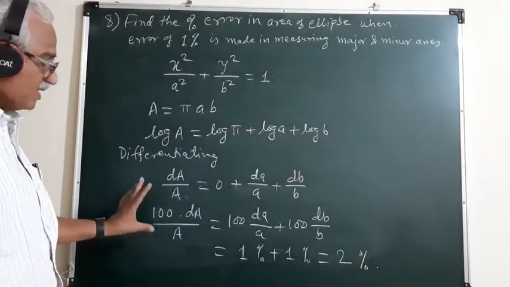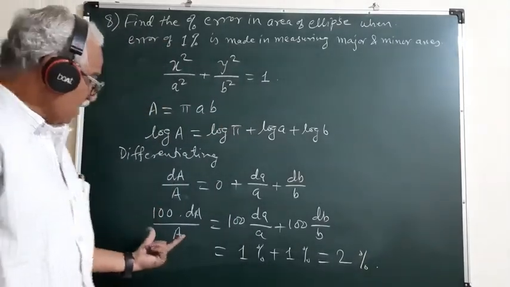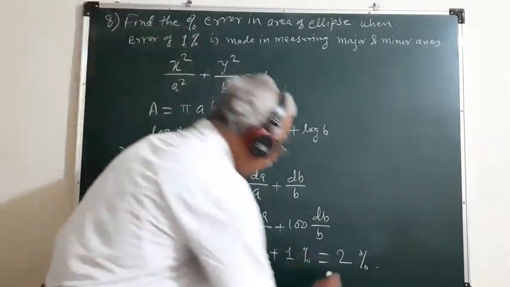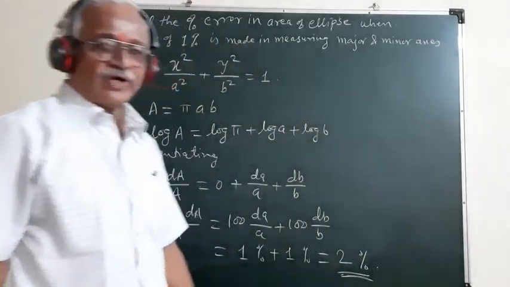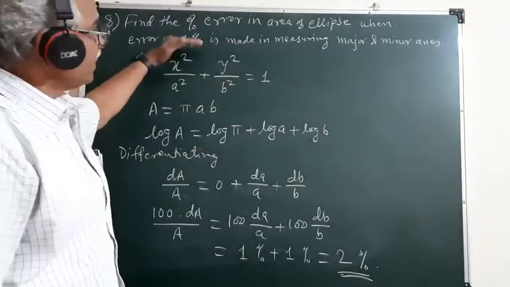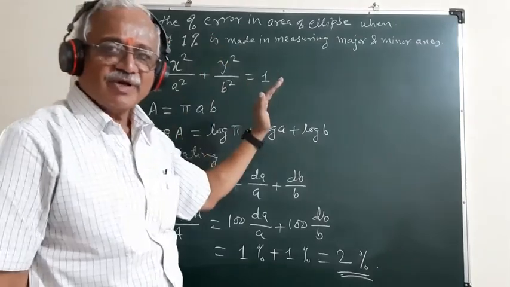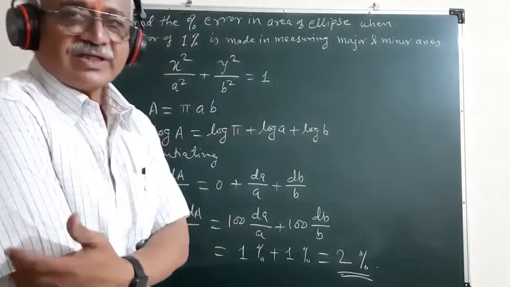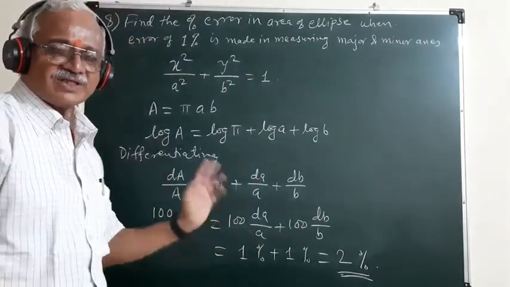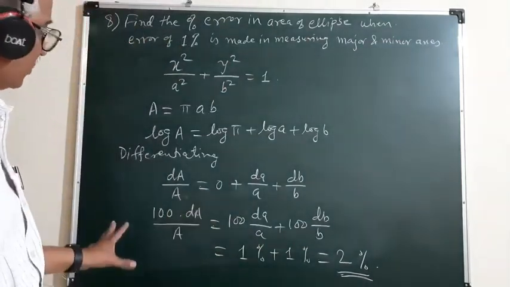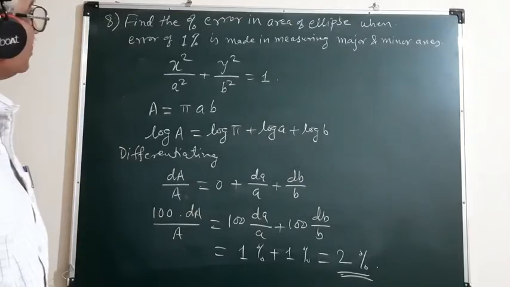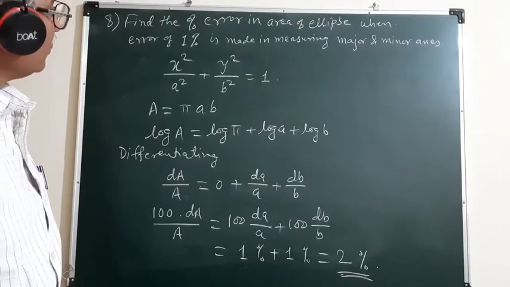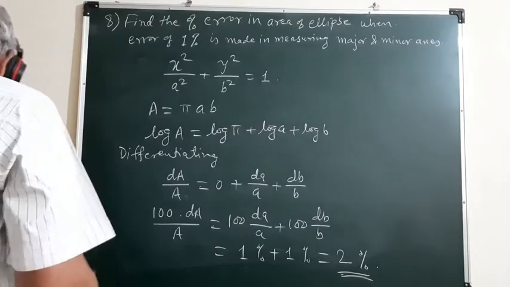So the percentage error introduced in the determination of the area of an ellipse works out to be 2% when an error of 1% each is introduced in the measurement of the major and minor axis, right? So that is how, by using the concept of the differential, we can find out the percentage error introduced in calculating the area of an ellipse.